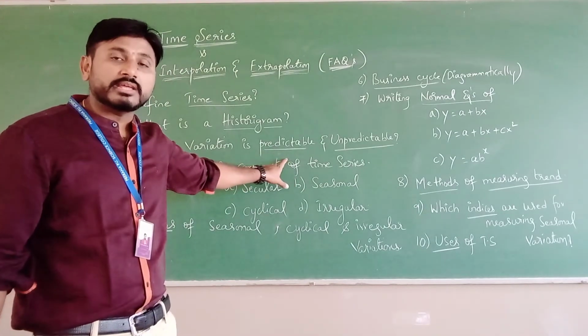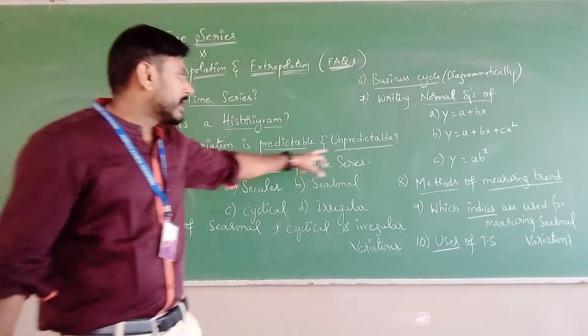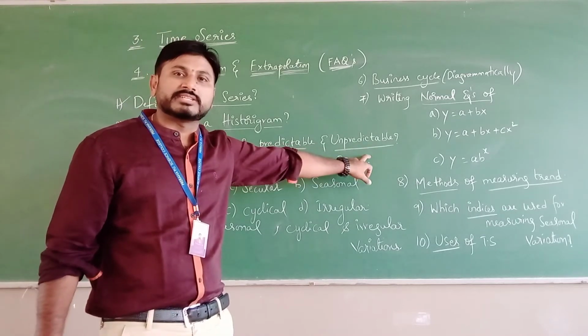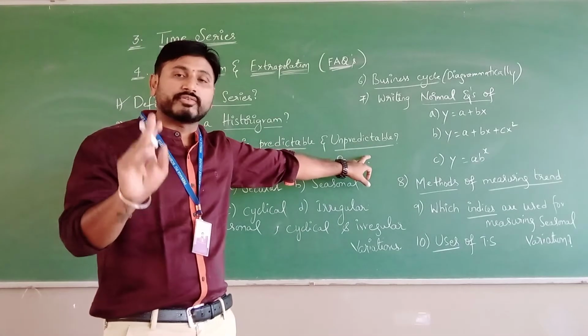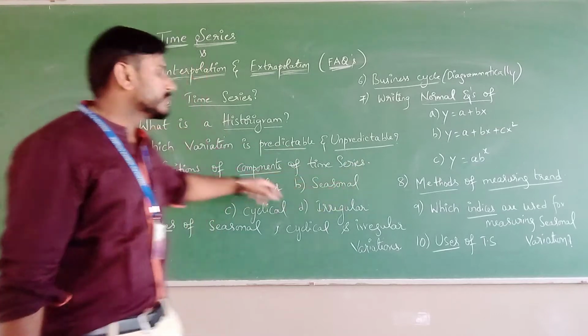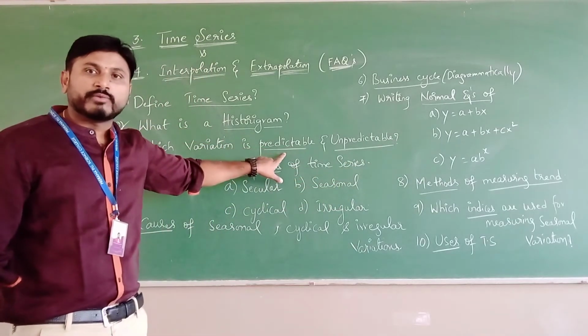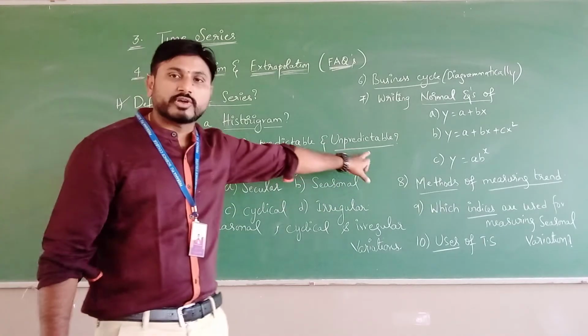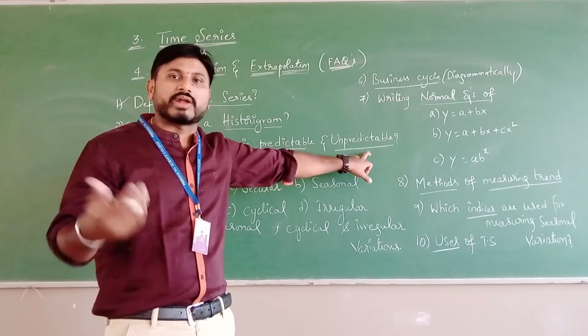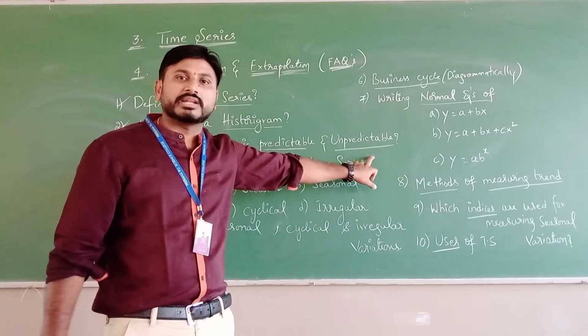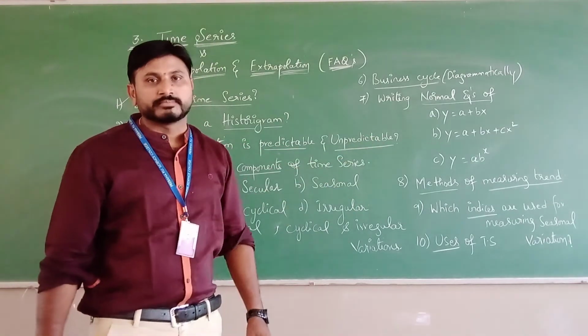Seasonal variation is a predictable variation. And irregular variation, remember, is unpredictable. In case of seasonal variation we can predict the future, and irregular variation, which is nothing but random fluctuations, is unpredictable, right?